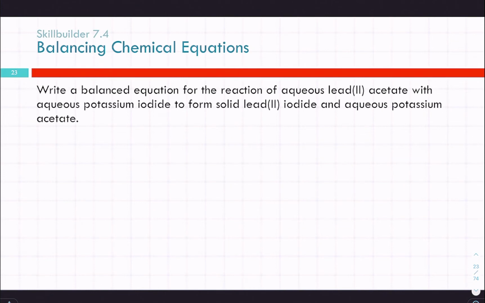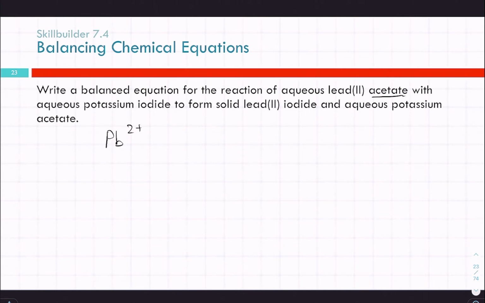So now we'll write a balanced equation for the reaction of aqueous lead(II) acetate with aqueous potassium iodide to form solid lead(II) iodide and aqueous potassium acetate. Again, this is one of the polyatomic ions. Review your nomenclature. So we're going to have lead, Pb, with what charge? 3 or 2? 2, yes, 2 plus.